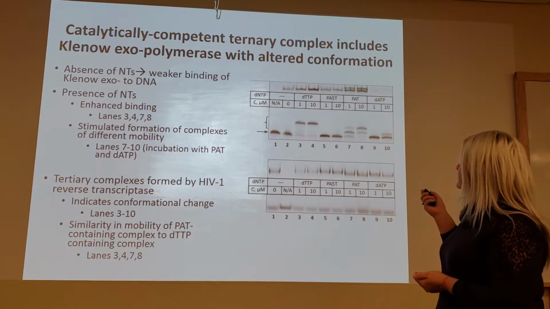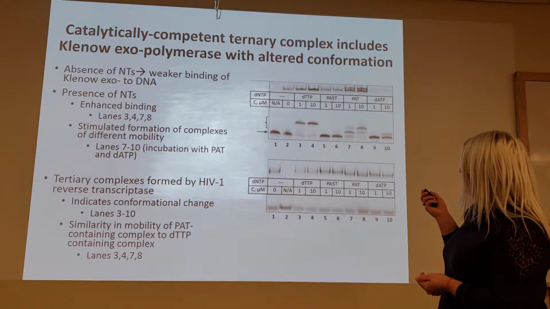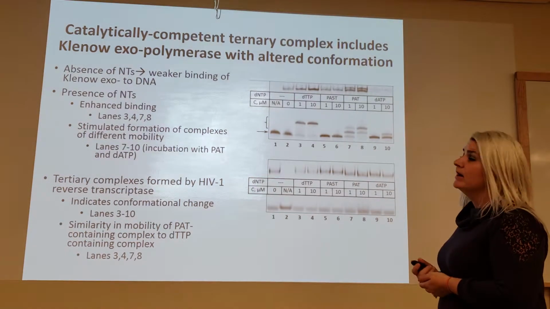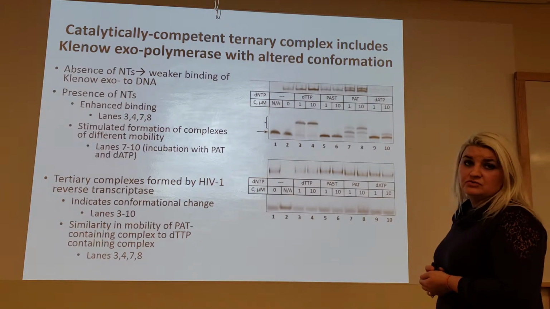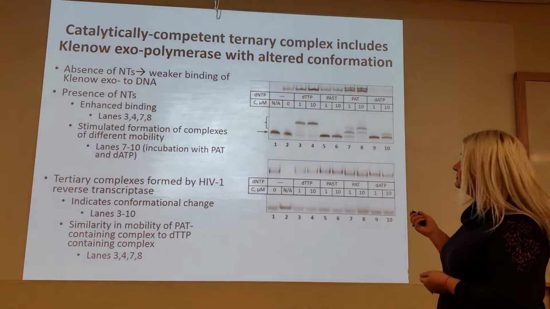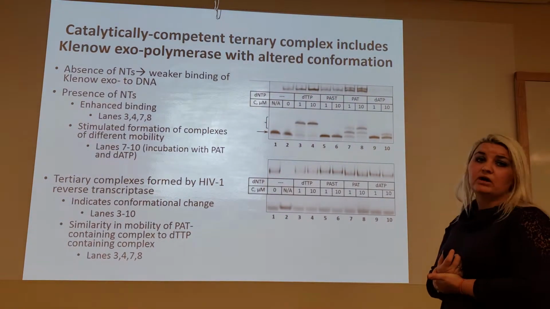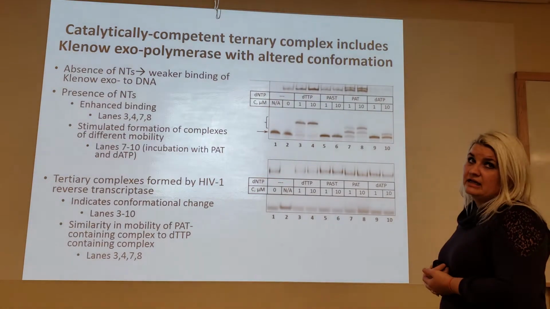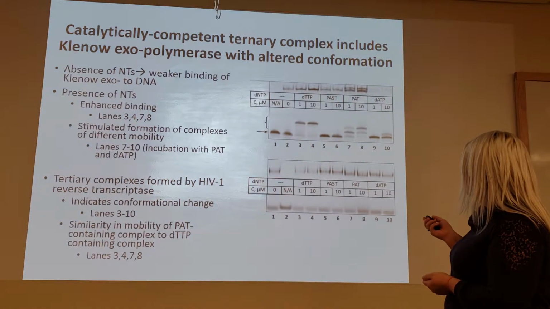And this you'll see in the incubation with PAT, there was some presence of the nucleotides. However, in the presence of the natural nucleotide, there was no bands present. Then with ternary complexes formed by HIV-1 reverse transcriptase, this was seen that indicates conformational change, lanes 3 through 10.